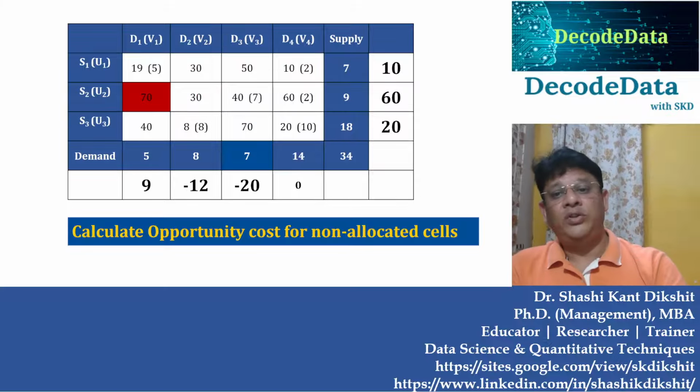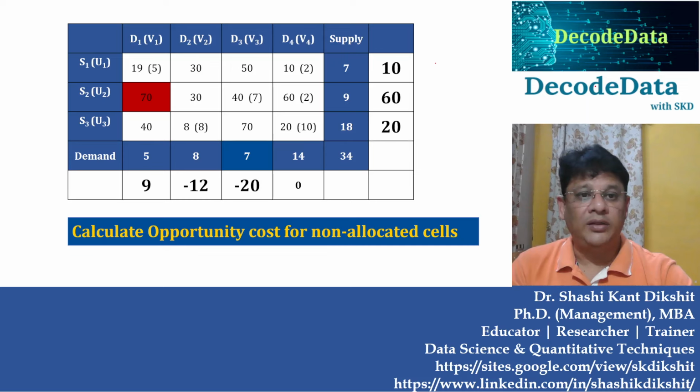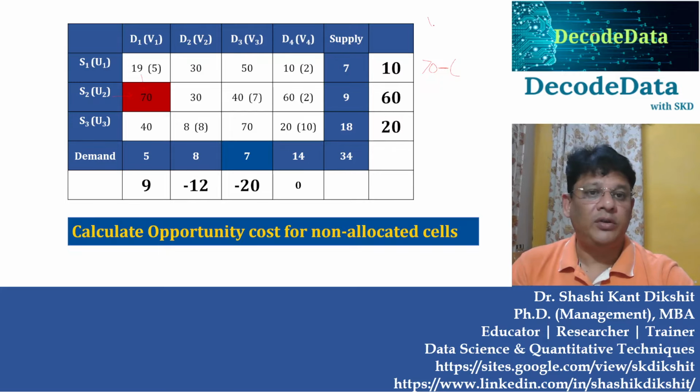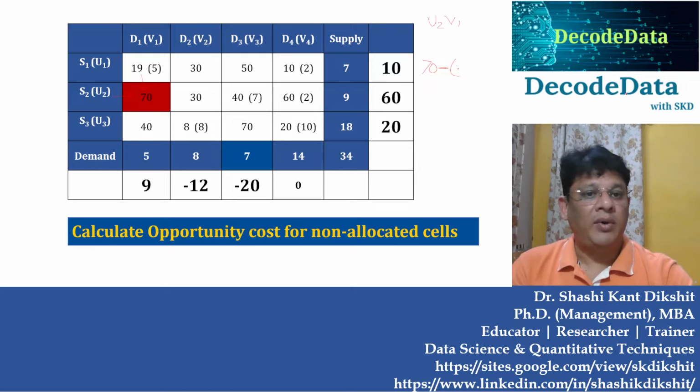Now this is the first cell for which I have to calculate the opportunity cost. So I'll take this 70 minus, now 70 is a combination of u2 and v1, right? This particular cell 70 is the u2 v1 cell. So we'll say 70 minus u2 plus v1.